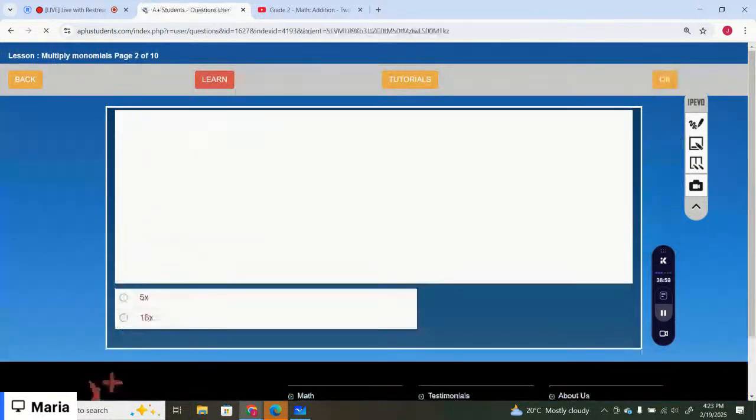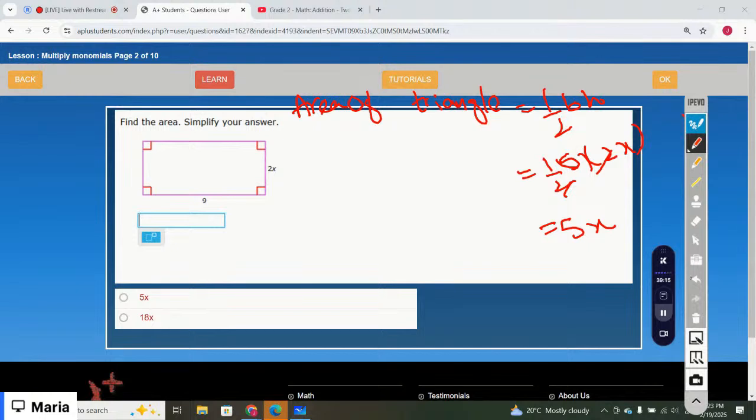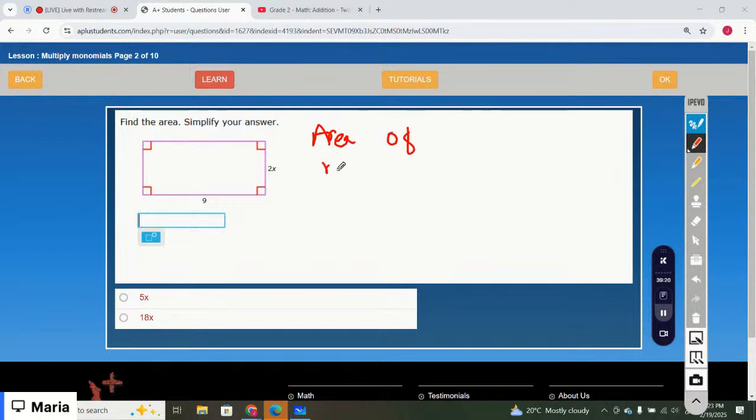The next one is find the area, that is a rectangle. So area of the rectangle is base times height. Area of rectangle is base times height. That is 9 times 2x. 9 times 2 is 18.